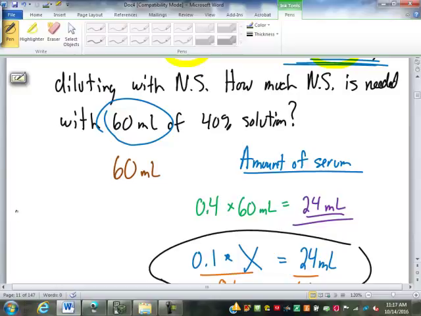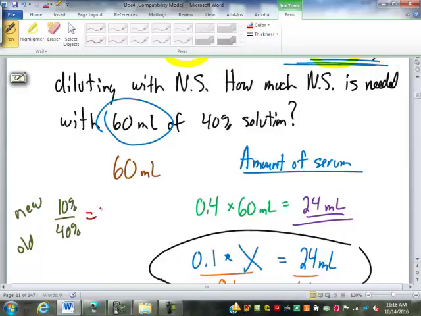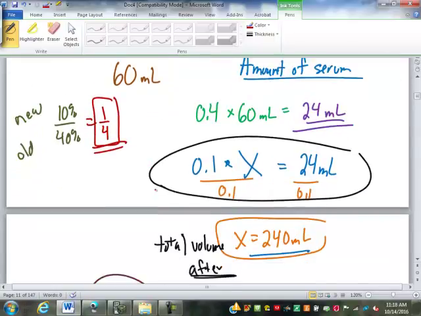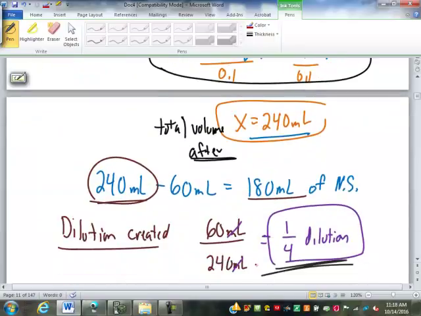So I'm going to put the new percent over the old percent, 10% over 40%. That is a 1 to 4 ratio. If I look at my dilution for that problem, what did I come up with? It's a 1 to 4 dilution.